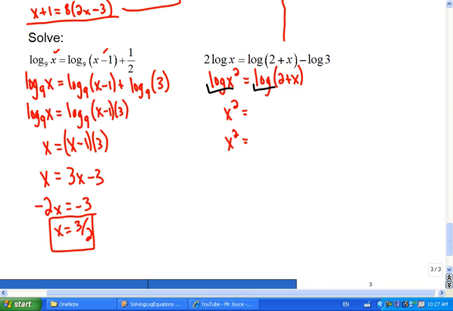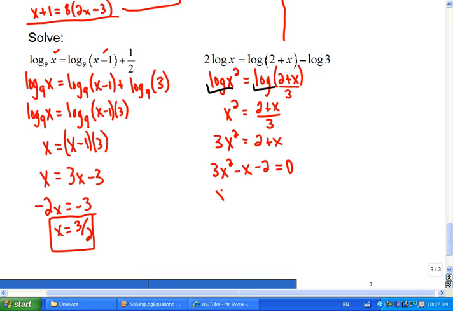Really what I should have had here is I could divide by 3. So this would be 2 plus x over 3. Okay, so my apologies. That means when I cross multiply, this is what I should have. So this might hopefully work out a bit better because the last one didn't look like it was going to factor. So minus x minus 2 equals 0.